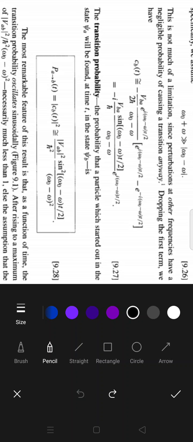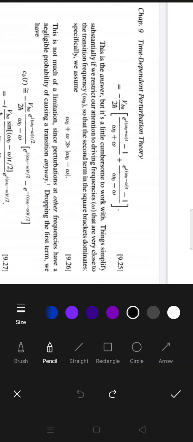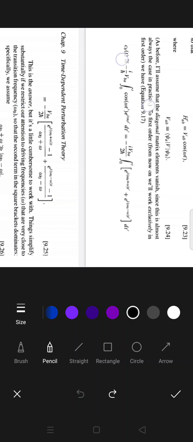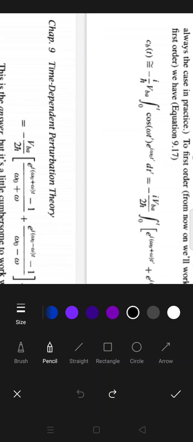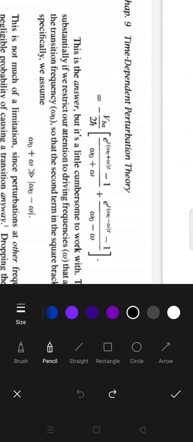This is not much of a limitation, since perturbations at other frequencies have negligible probability of causing the transition anyway. Dropping the first term, comparatively the second term is dominating. If we neglect the first term, it will not cause anything to the solution, because the other term is very large.